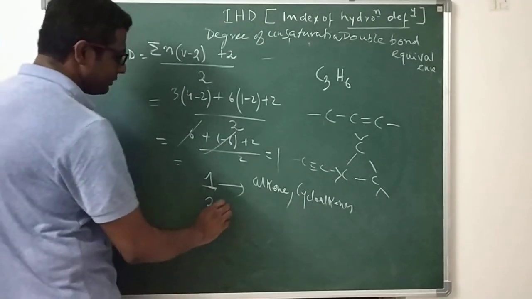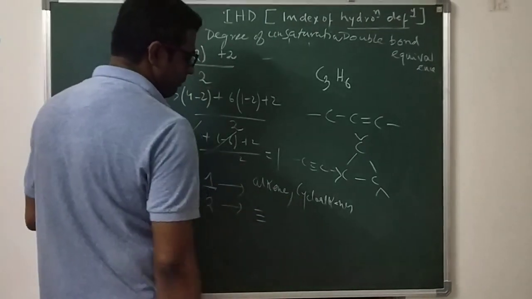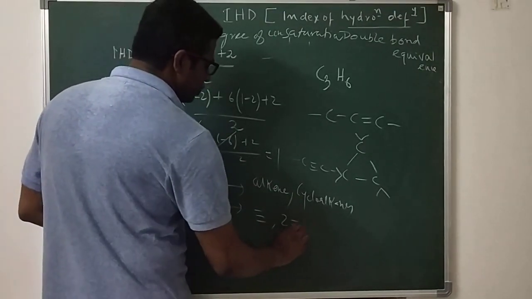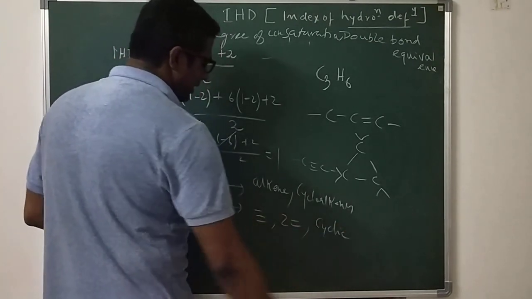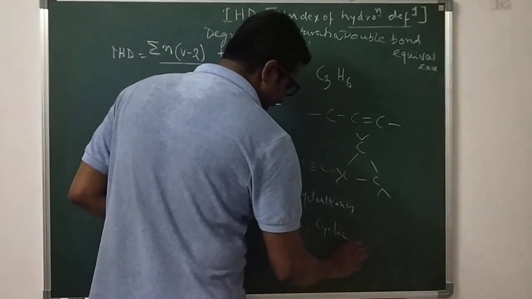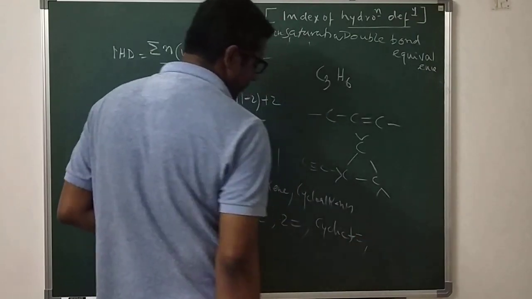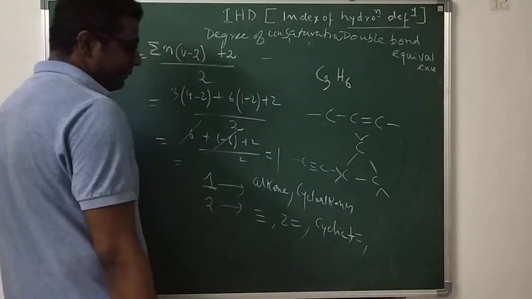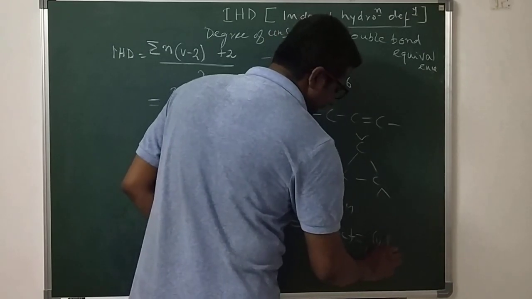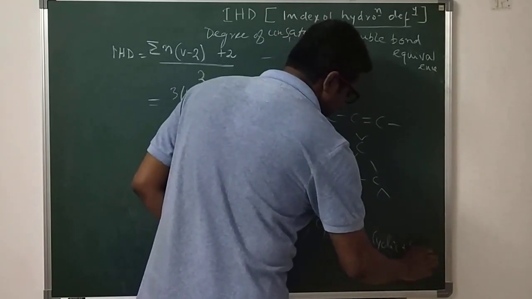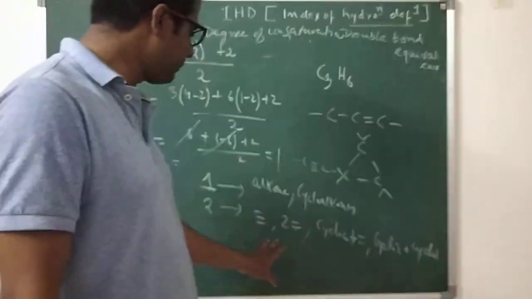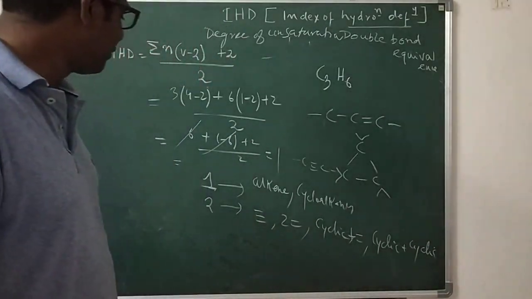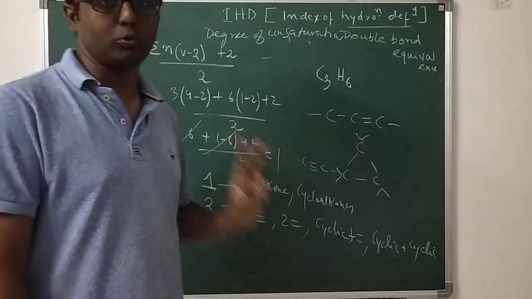If IHD value is 2, there can be a triple bond, there can be 2 double bonds, there can be 1 cyclic ring and a double bond, there can be 2 cyclic rings, which means a bicyclo compound. 4 possibilities are there if you go for IHD value of 2.